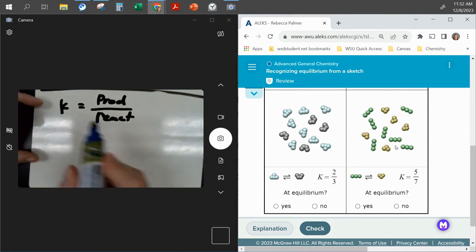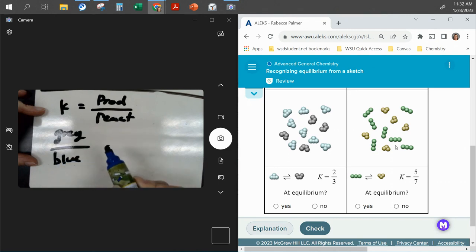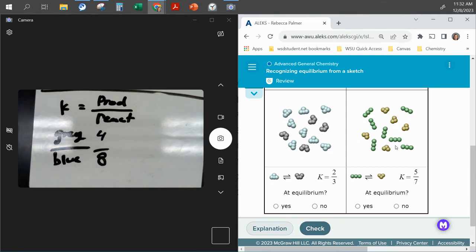So this one's gray over blue, products over reactants. The gray, I have 4 gray ones. There's 1, 2, 3, 4, 5, 6, 7, 8 blue. You agree with that? So on the test, I would double check these.